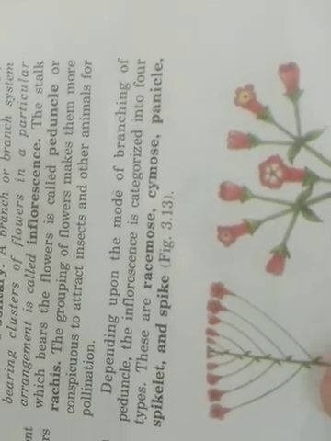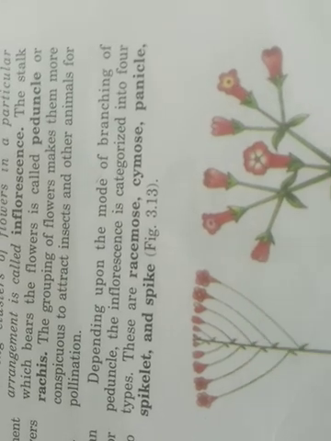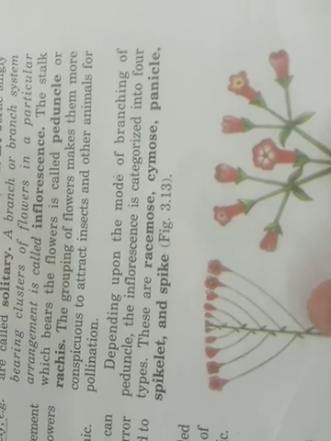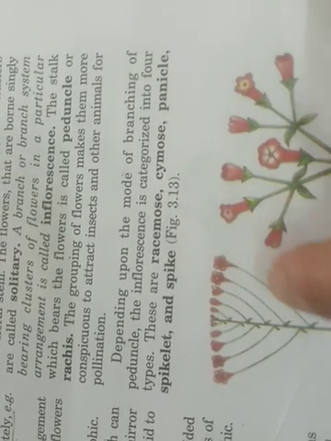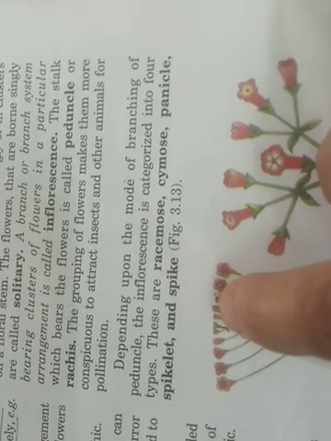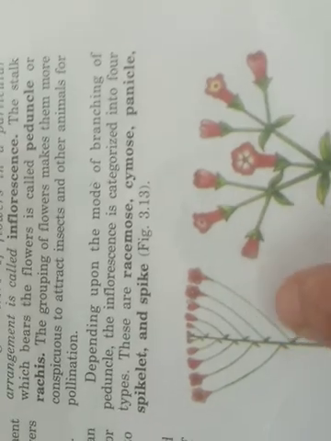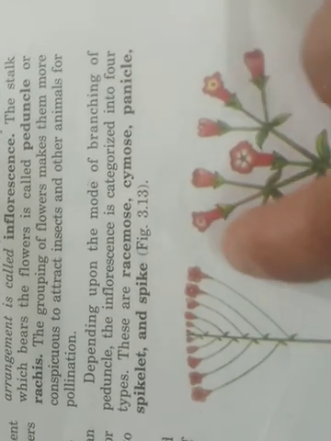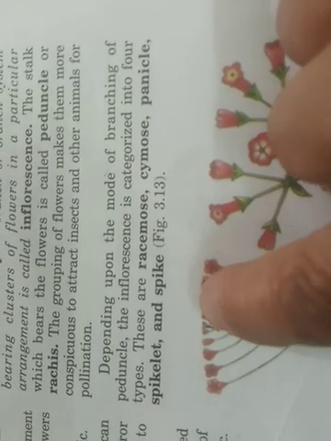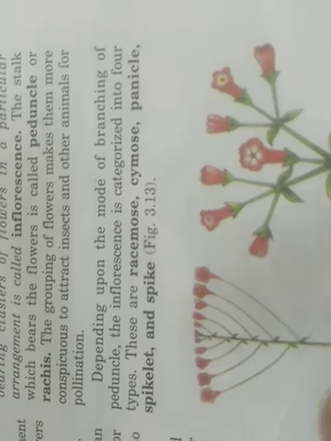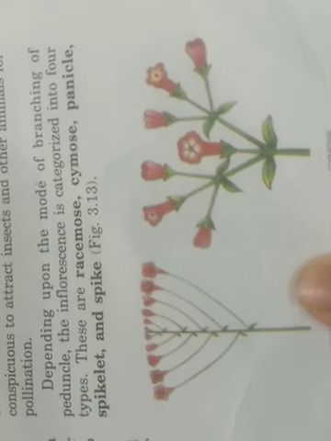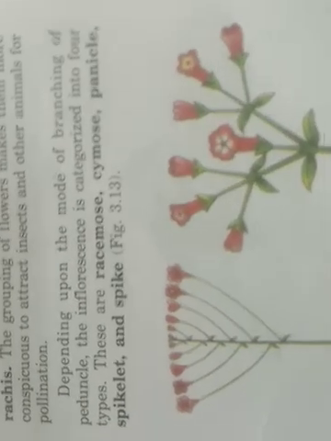The flowers are arranged in an acropetal order. Acropetal means the lower flowers are larger in size, and as you move up, the size of the flower goes on decreasing. The lower flowers are larger and the upper flowers are smaller and young also. This arrangement is known as acropetal arrangement, and such an inflorescence is known as racemose inflorescence.